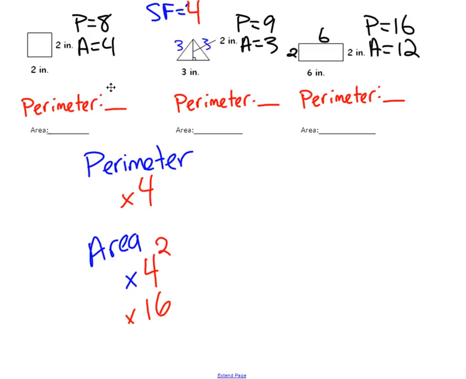All right, so what would the perimeter of our tiny square be? 8 times 4 is 32. How about the perimeter of our triangle? 9 times 4 is 36. And then our perimeter, 16 times 4 is? 64. There you go. Okay? Then our area, finish.